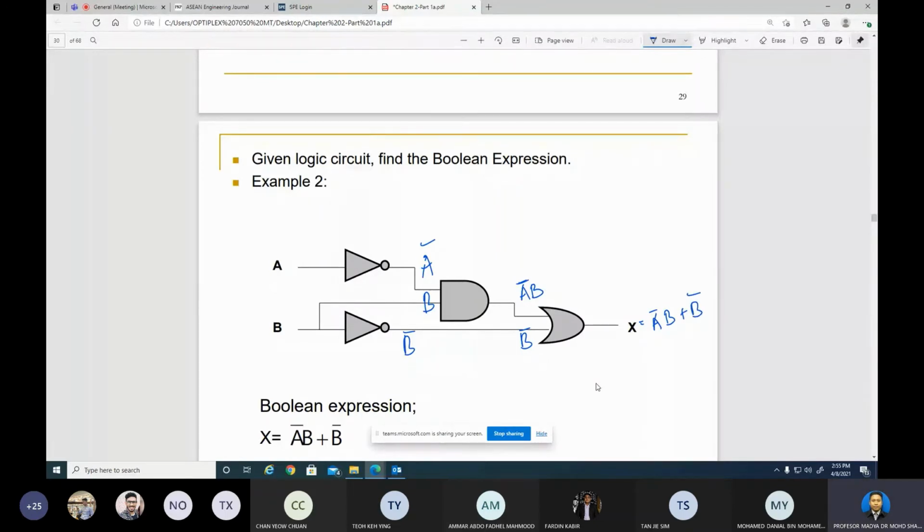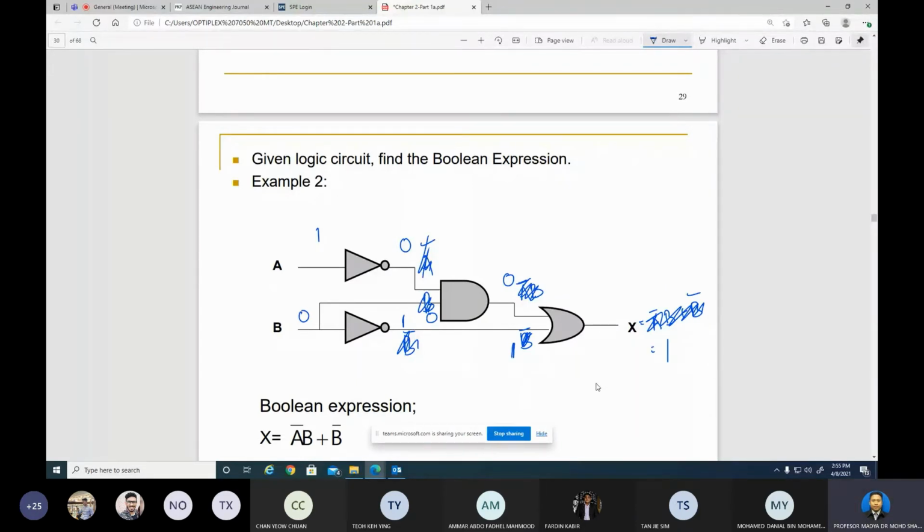This is the Boolean expression for the output X. For example, if you put 1 here and 0 here, this one will be 0, this one 0, this one will be 1. So 1 plus 0, the output will be 1.